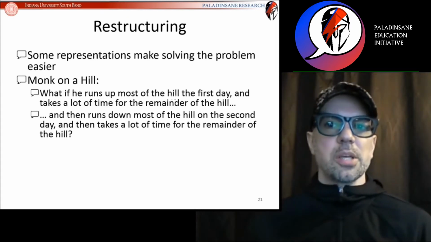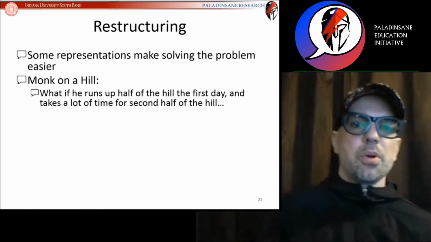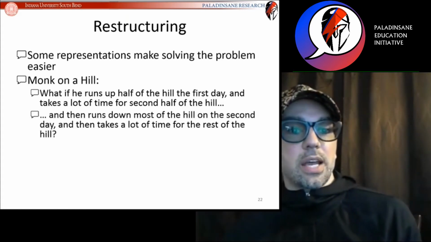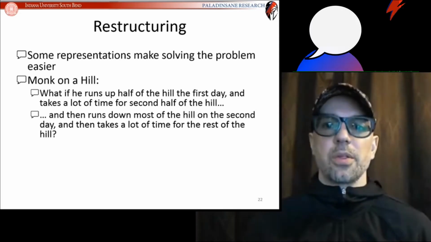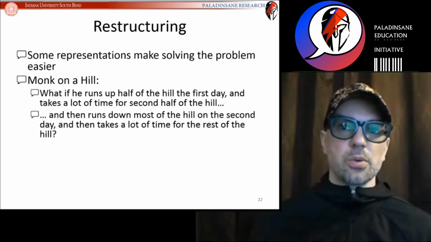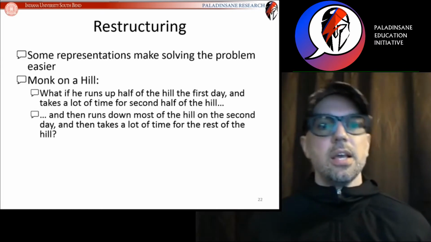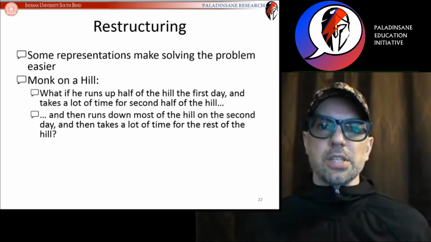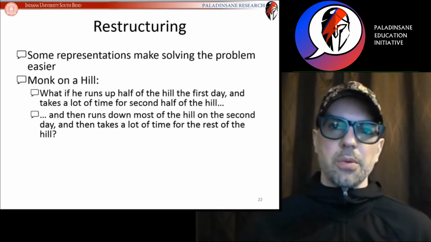Or what if he runs up half of the hill on the first day, and then takes a lot of time for the second half, but then runs down most of the hill on the second day and takes a lot of time for the rest of the hill? So what if he doesn't have the same sort of pattern on the 2 days? What if it's a completely different sort of ascent versus descent? So give yourself a second here, pause the video, try to solve this, try to come up with an answer.